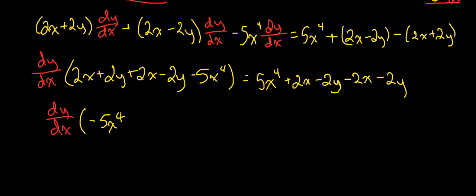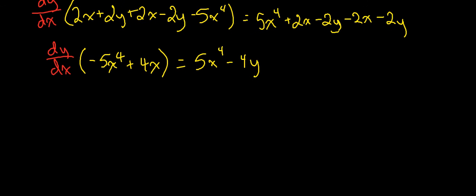I'm going to do it by highest power. 2x and 2x, that is a 4x, and 2y minus 2y, that means there's just no y's. And that's going to equal a 2x minus a 2x. That means we're going to get a 5x to the 4th. There's going to be no 2x's, but we're going to subtract a negative 2y minus a 2y. That is a negative 4y.